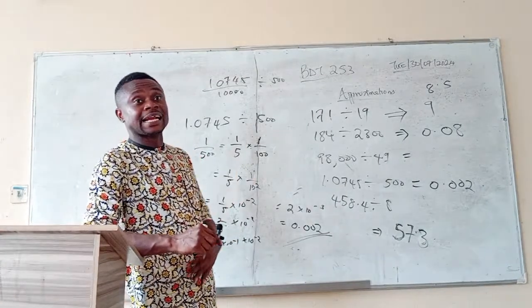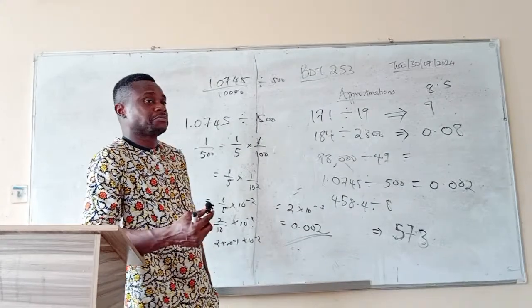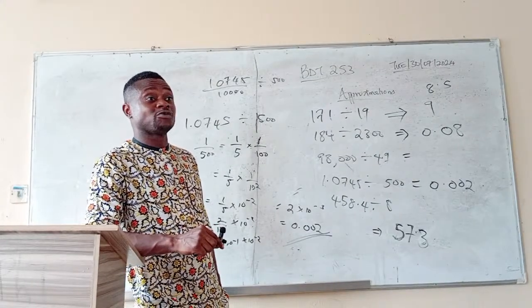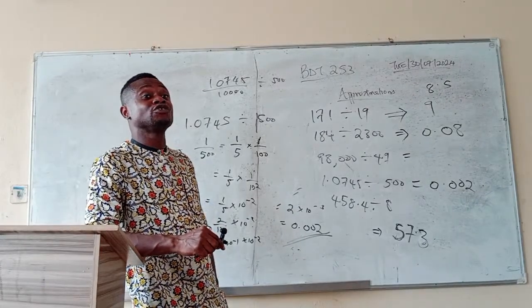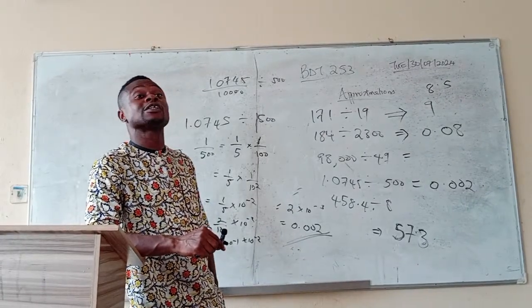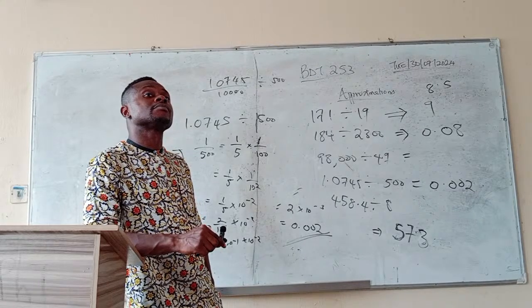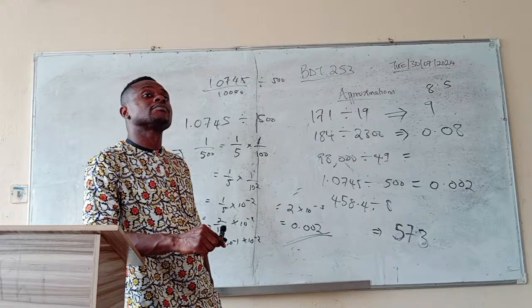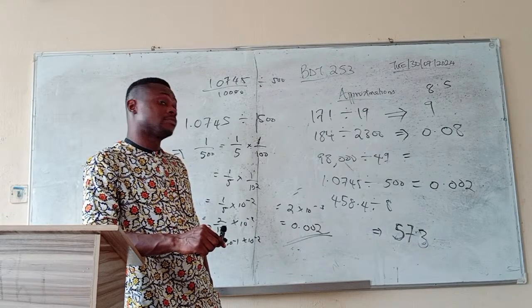You start carrying out long division, right? You start carrying out what? Division. So instead of doing all those things, why not just do estimation? So approximation is now possible. How do you advise? Because if you don't approximate, you get 400, but if you approximate, you get 500.